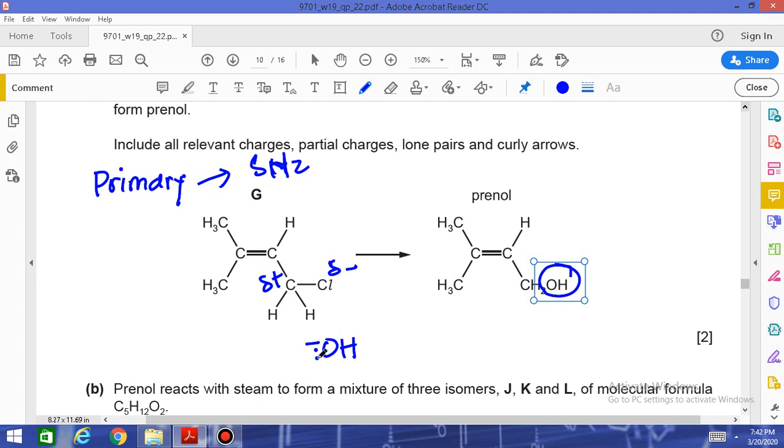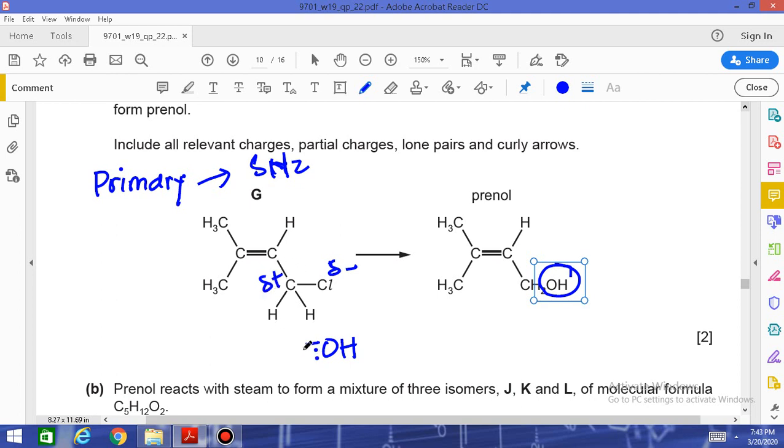The nucleophile is very reactive, so it attacks electron poor species. Remember, nucleophile is an electron rich species. It donates an electron pair to the electron poor species. In this case, the electron poor species is carbon, the one that has partial positive charge.